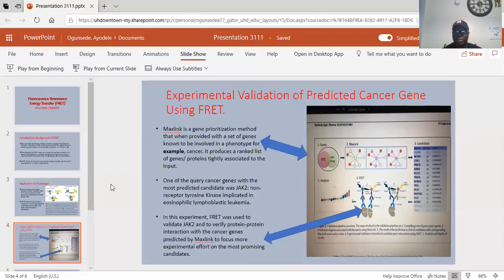Basically, what they did here, they used FRET to validate the results of MATLINK for this gene, or to study the interaction of this gene in more detail.